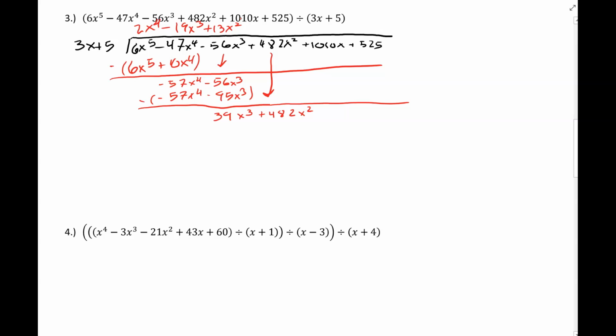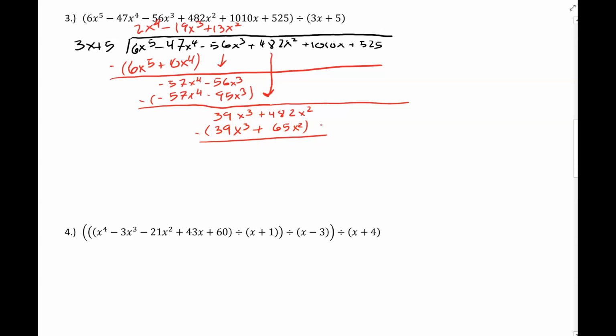Is everybody okay there? So I multiply that to both pieces, and I'm going to get 39x cubed plus, what is that, 65x squared.